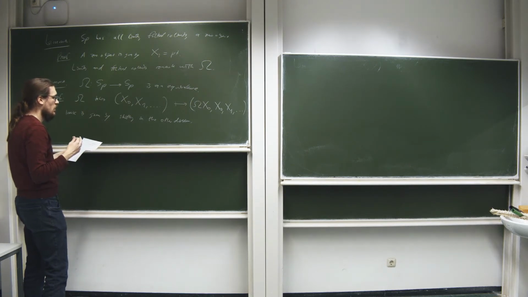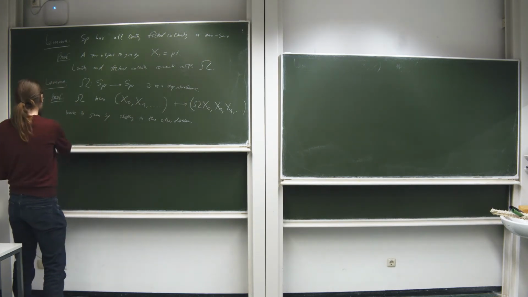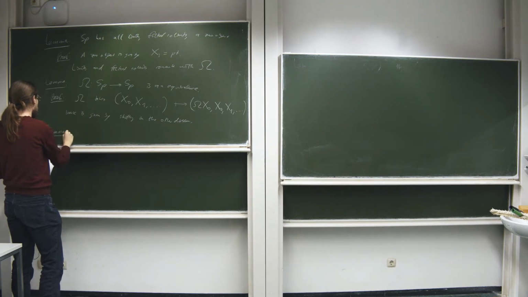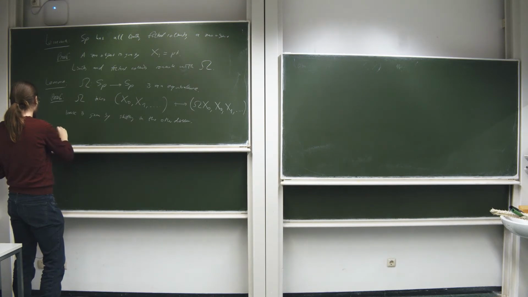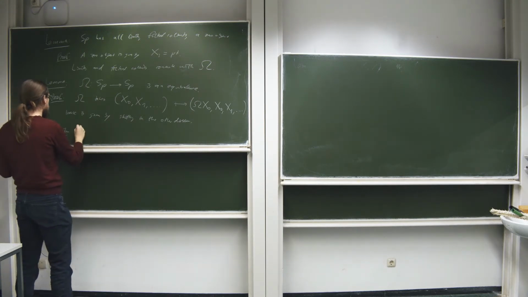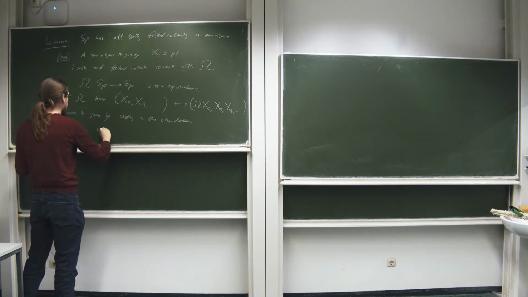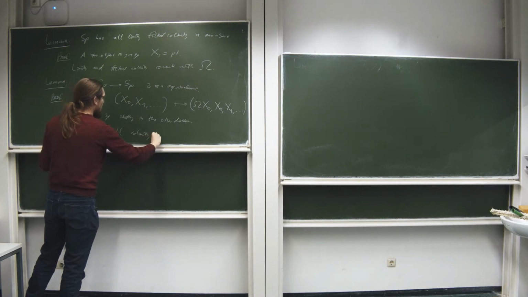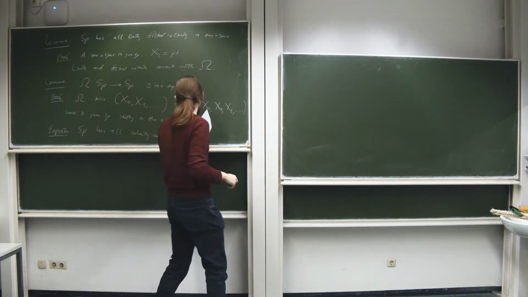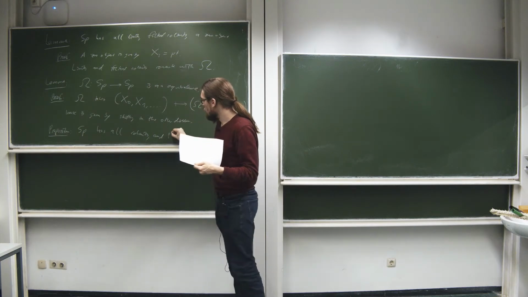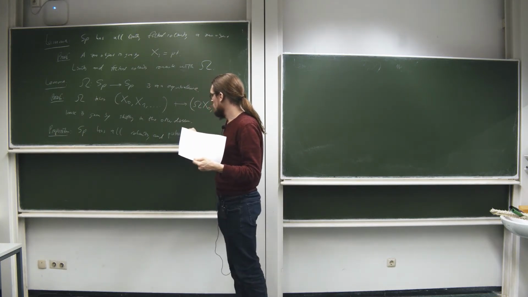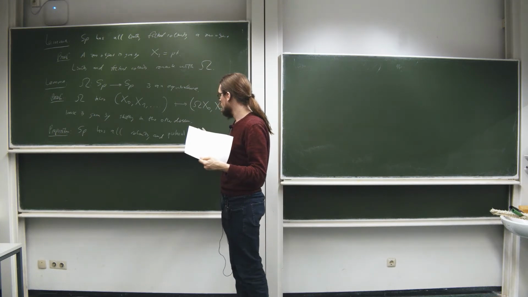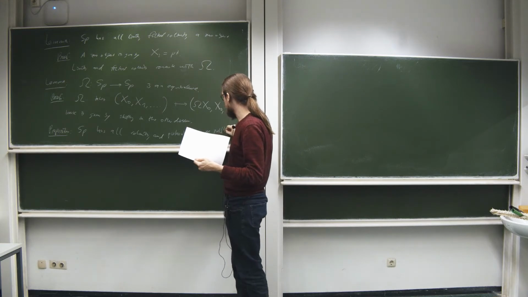So from that, it actually follows that, let me call this a proposition maybe, it follows that spectra has all colimits, and a good way to think about them is that push-out squares are the same as pullback squares and vice versa.